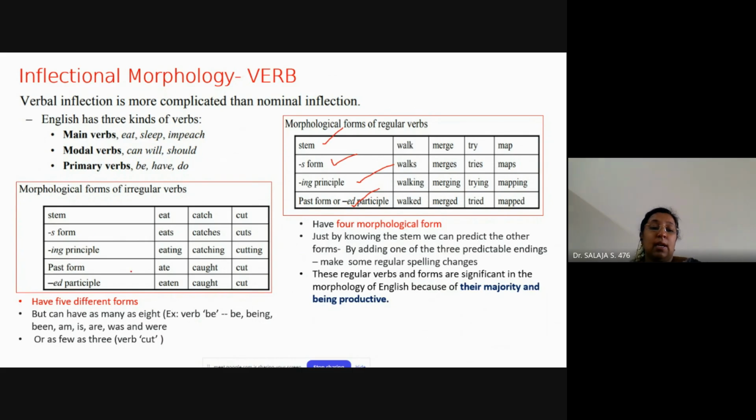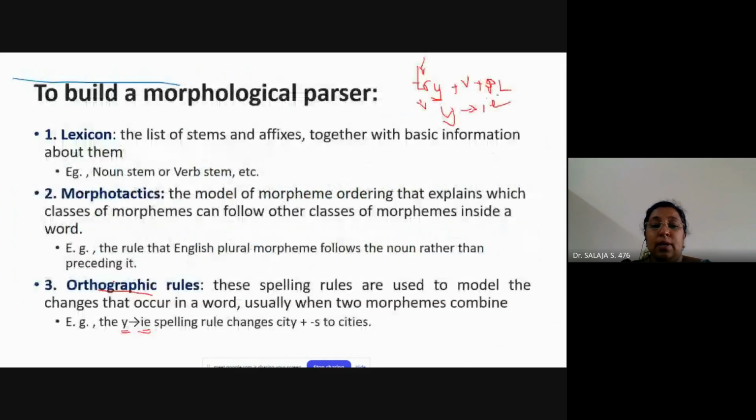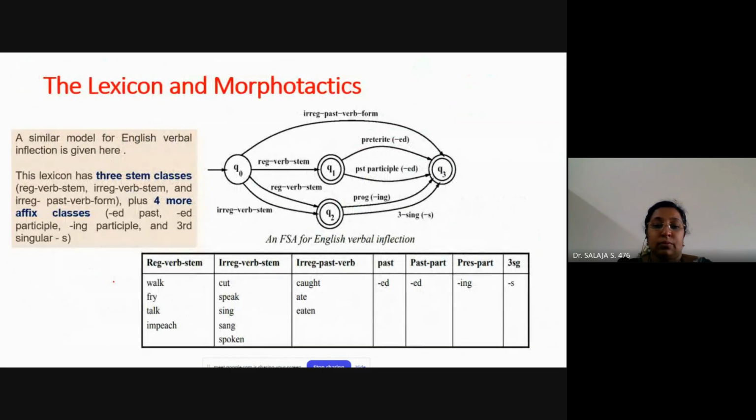Whereas in irregular verbs, you have five different forms. That is what is incorporated over here. For a regular verb stem, this is the stem word. By reading it, you can reach the final state. Now, either I can add an s, or in the past tense you can add an ed to it.